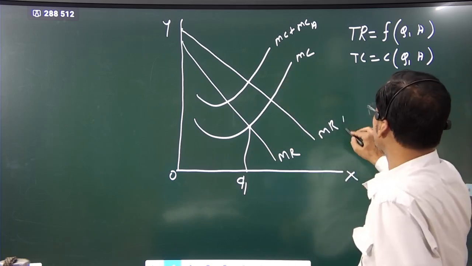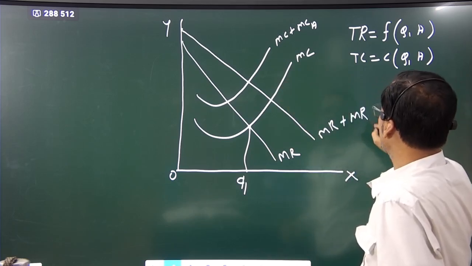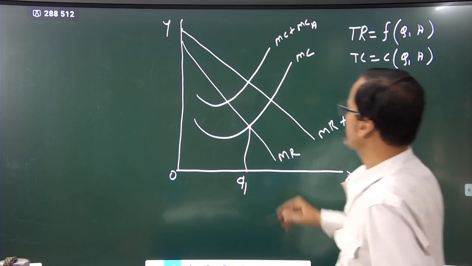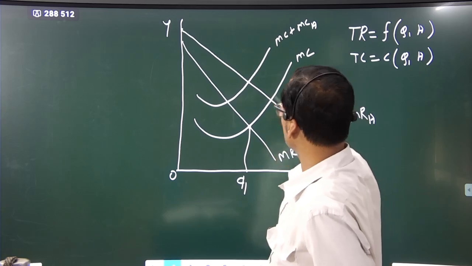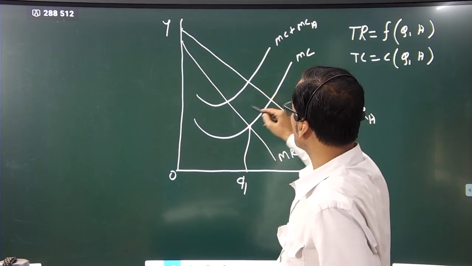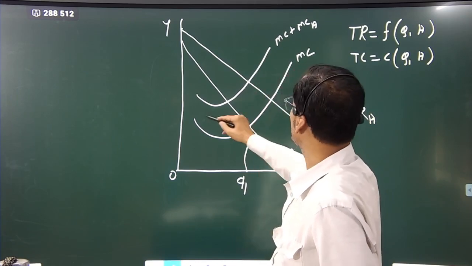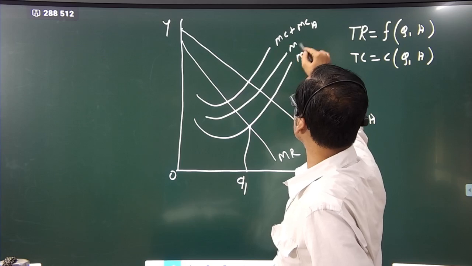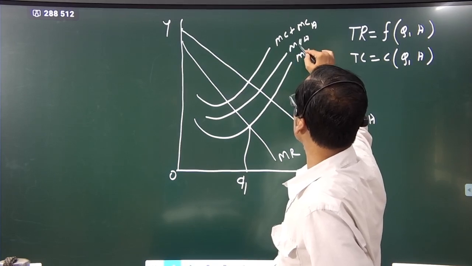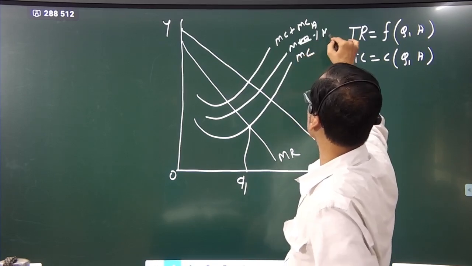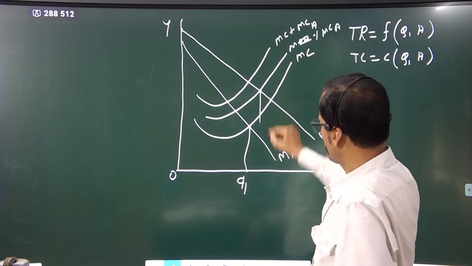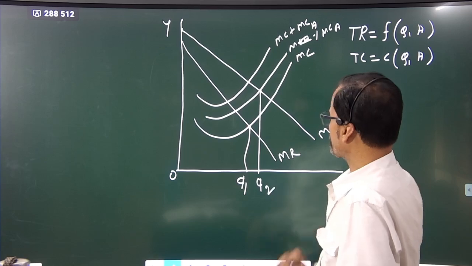So this is the marginal revenue because of advertisement. In this case, the new output is where marginal revenue meets marginal cost plus marginal cost of advertisement.